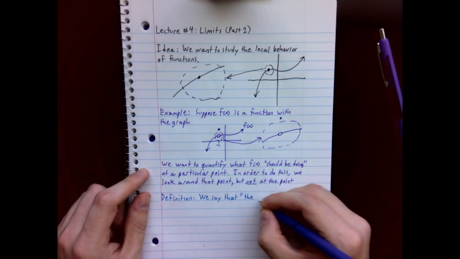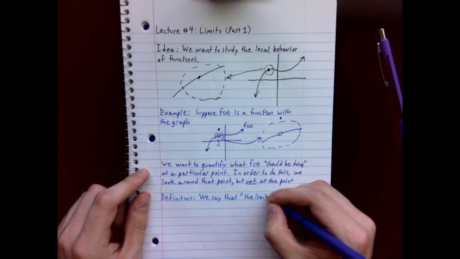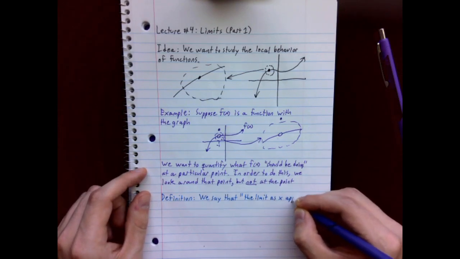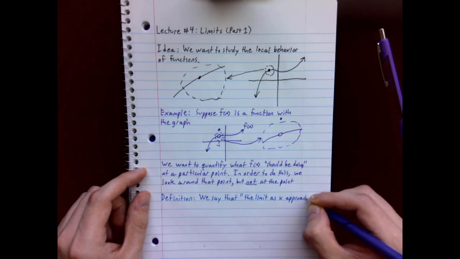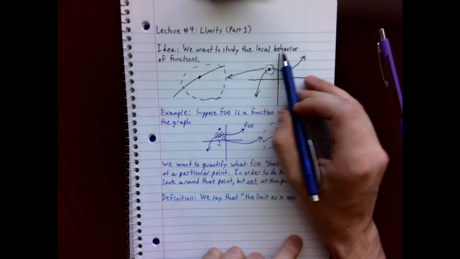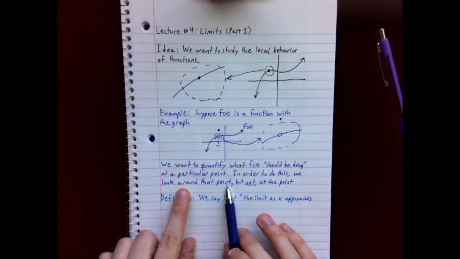The limit as x approaches, again, this approach is meant to convey this local behavior, what's happening around the point.